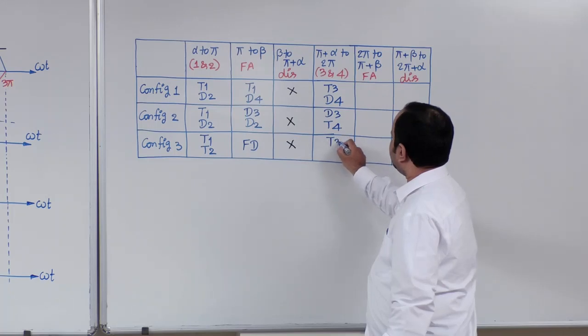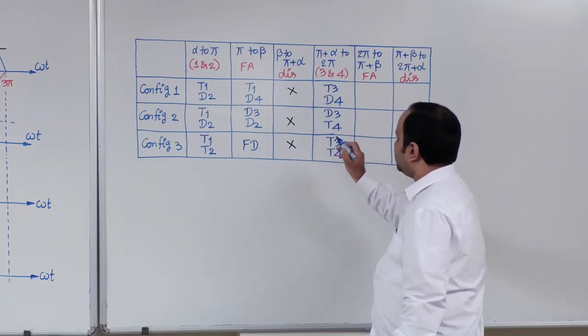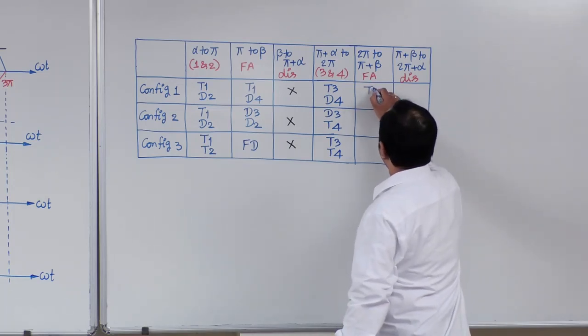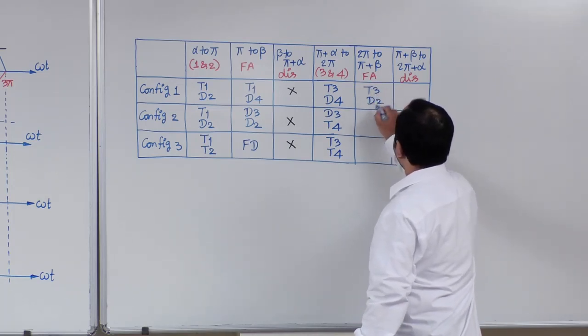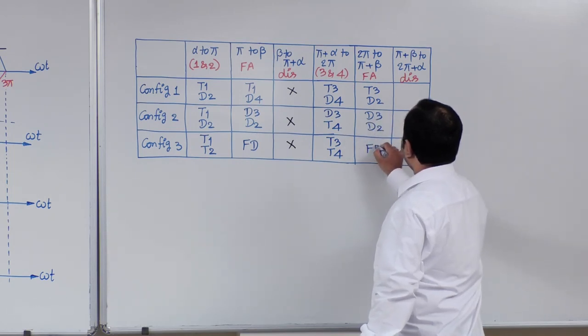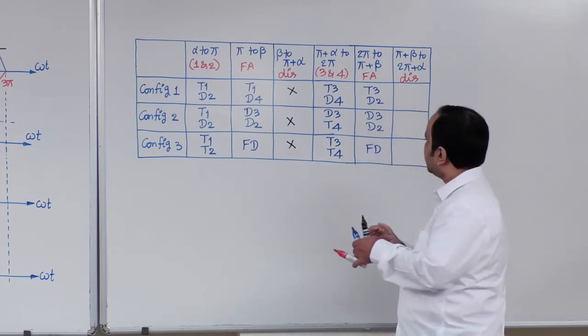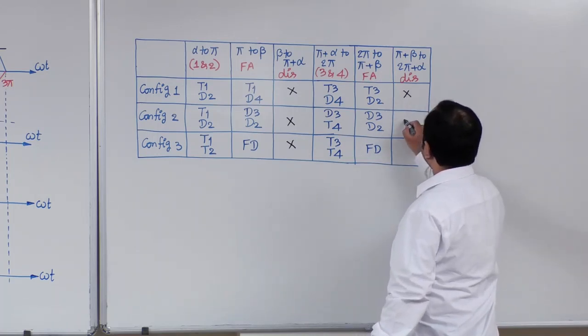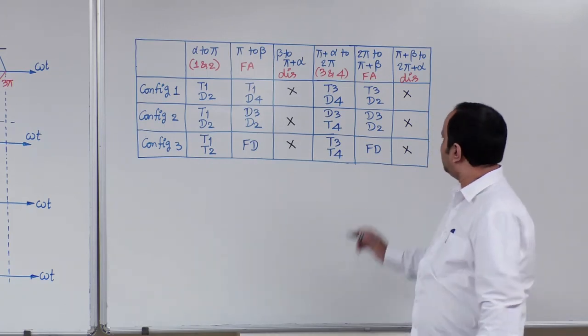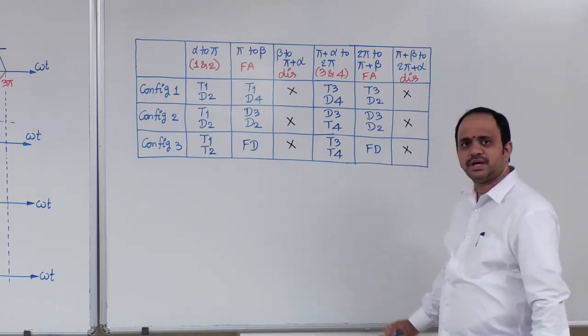Third configuration T3 and T4. Now the freewheeling action here T3 D2, here D3 D2 and here FD, and during discontinuous interval no device will be in conduction, hence you can simply put a cross mark.